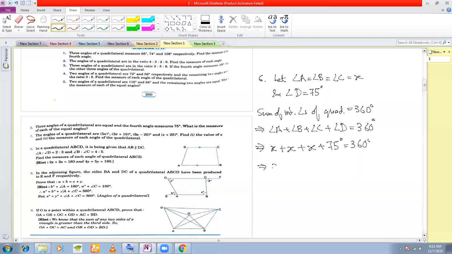That means 3x plus 75 is equal to 360 degree. And therefore 3x is equal to 360 degree minus 75 degree, which is, I think, 285 degree.